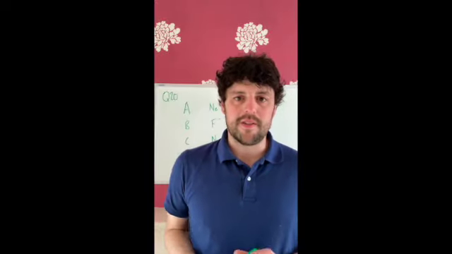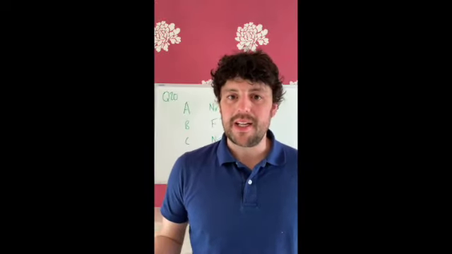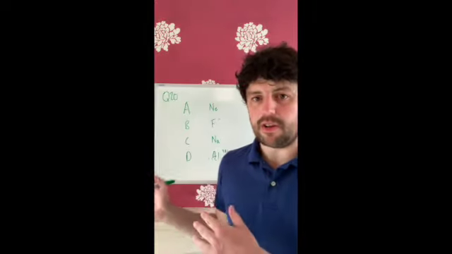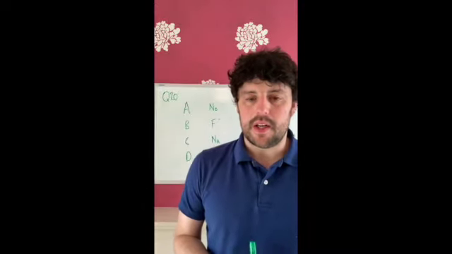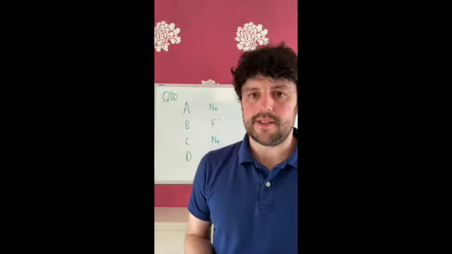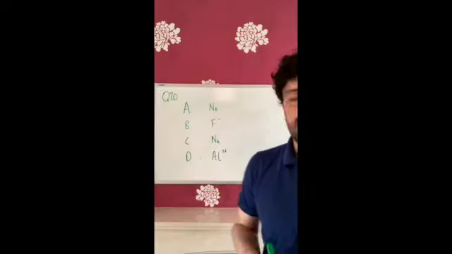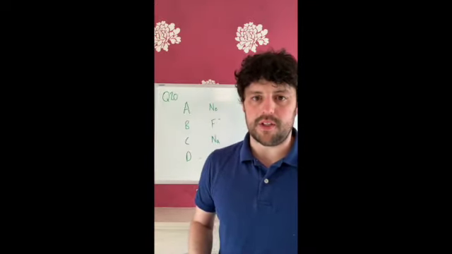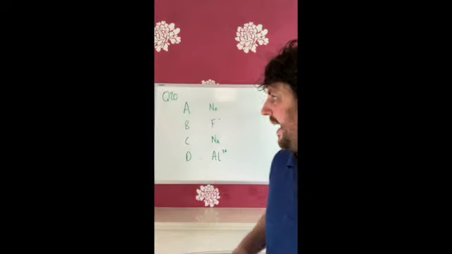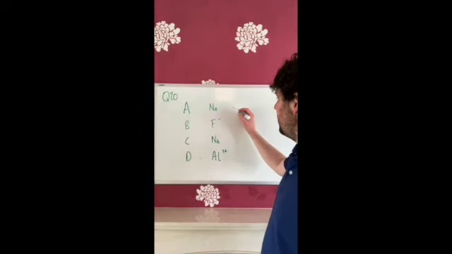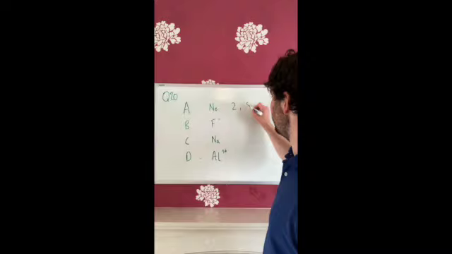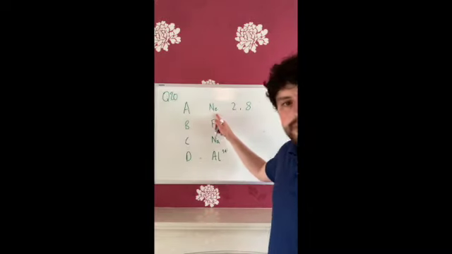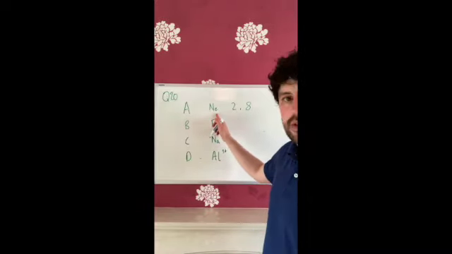Question 20. I've written the question out slightly differently. You're asked which of the following would have an electron arrangement of 2,8 and be positively charged. A is neon. Neon has an electron arrangement of 2,8, but it's not positively charged, because it's an atom.